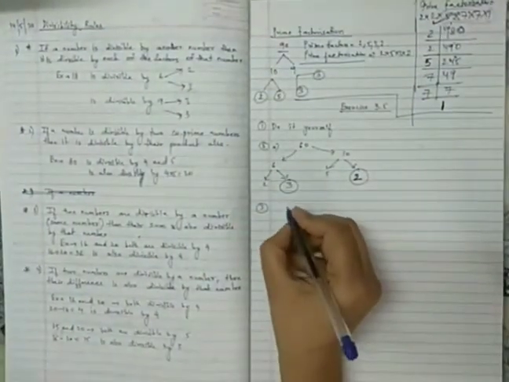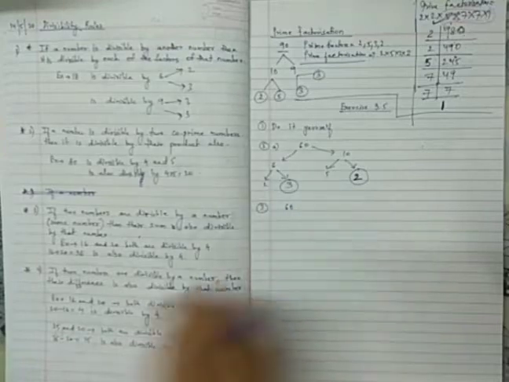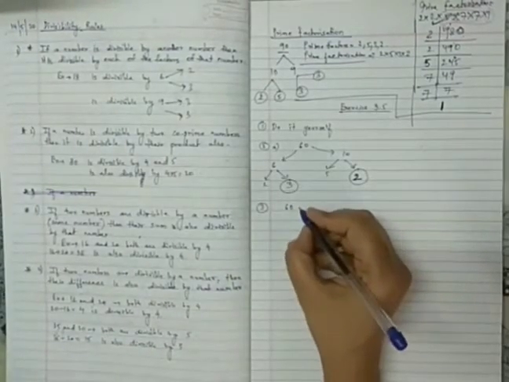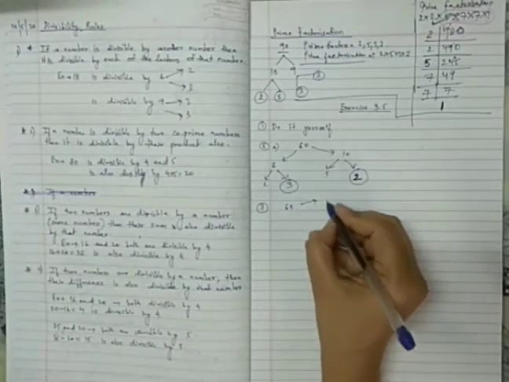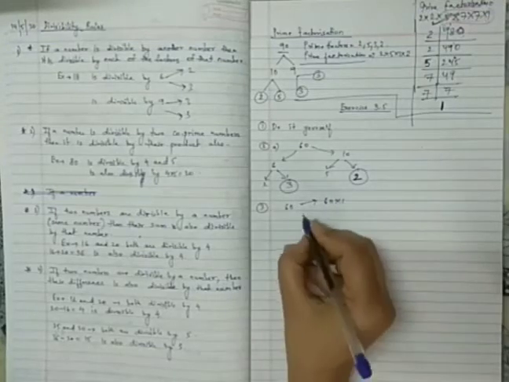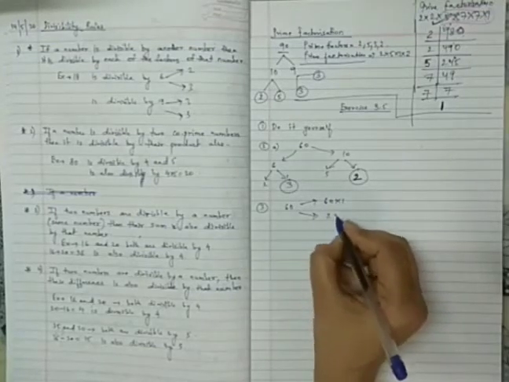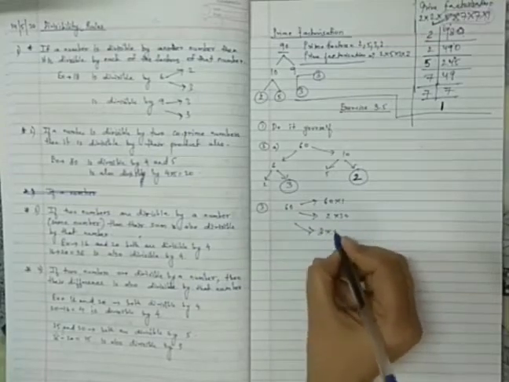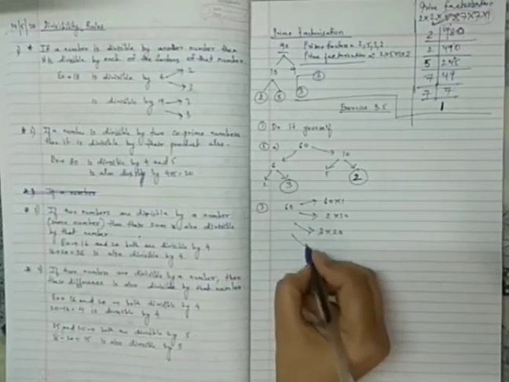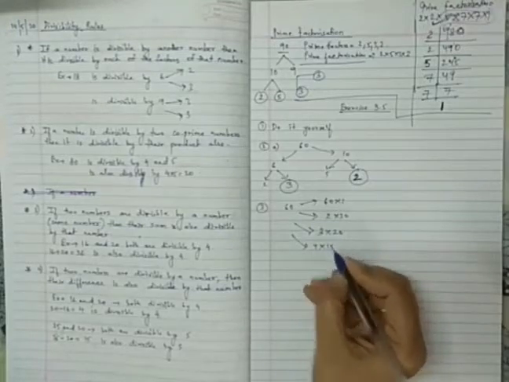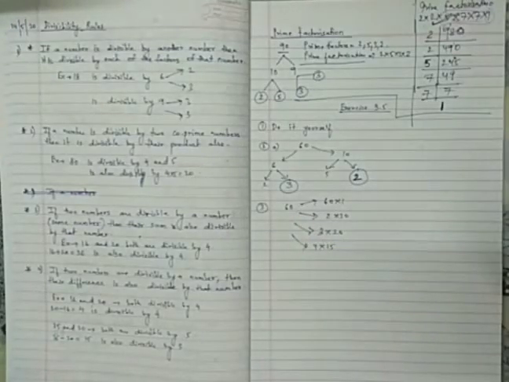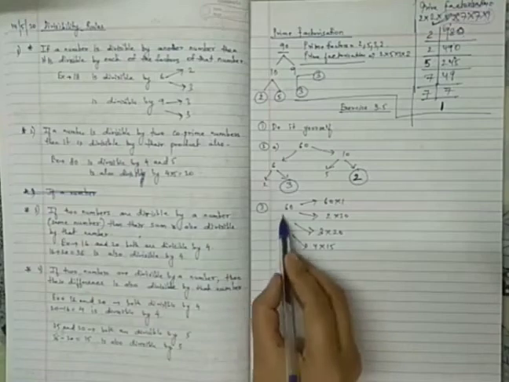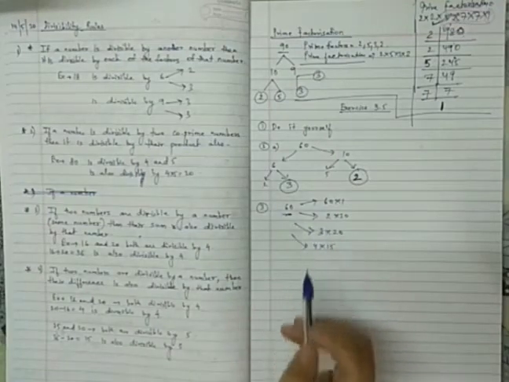Now let me take an example, 60. 60 can be written as 60 into 1, 2 into 30, 3 into 20, or 4 into 15. It can be written in any way, right?